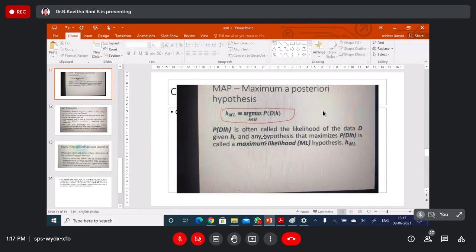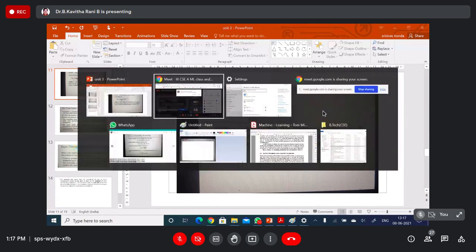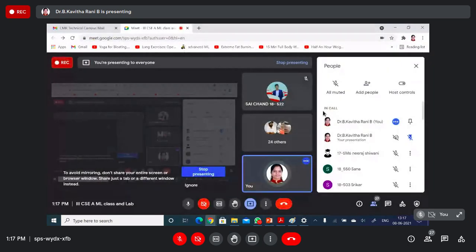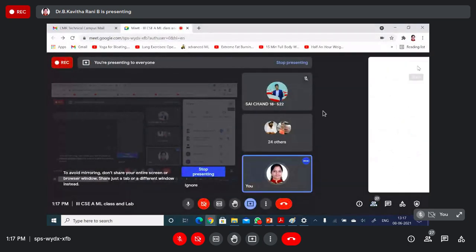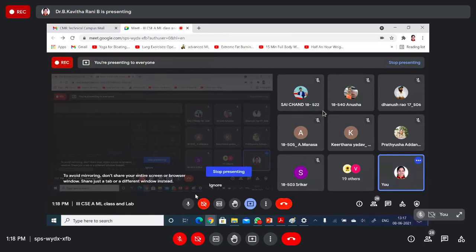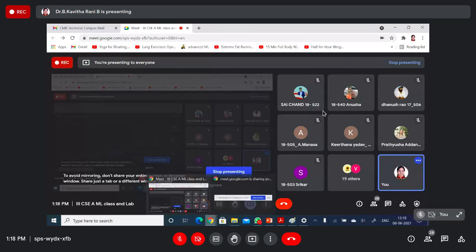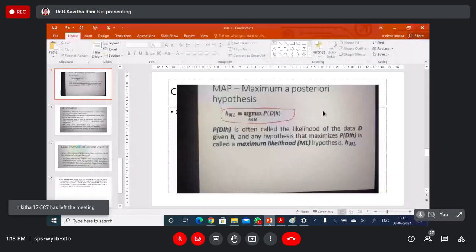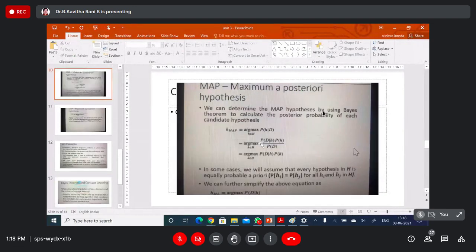Based on the probability, we can say which particular hypothesis is best. For that purpose, we will use Bayes theorem, Bayesian reasoning or Bayesian learning.